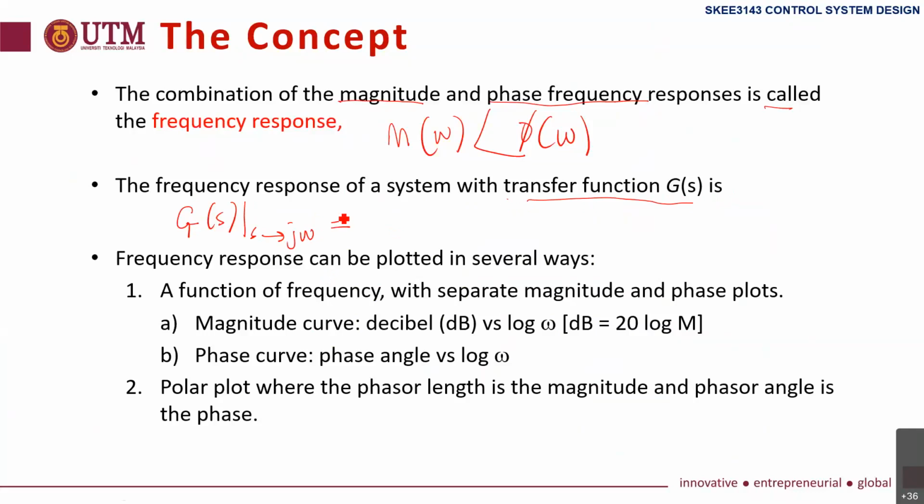We substitute all s with j omega, and thus we will get G(j omega). This is called frequency response, and this is the transfer function. Normally, in frequency response, we show it in this form, G(j omega), obtained by substituting s by j omega.